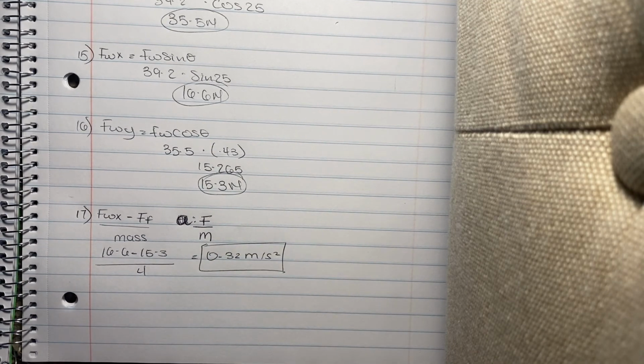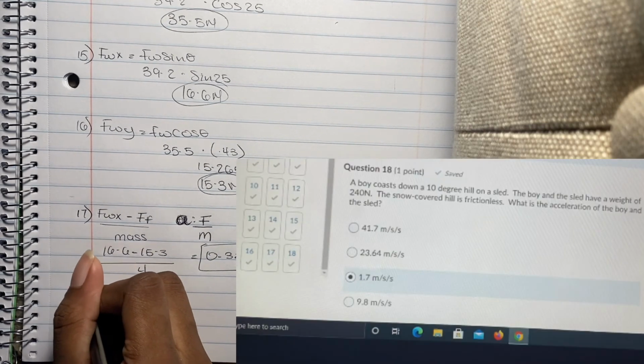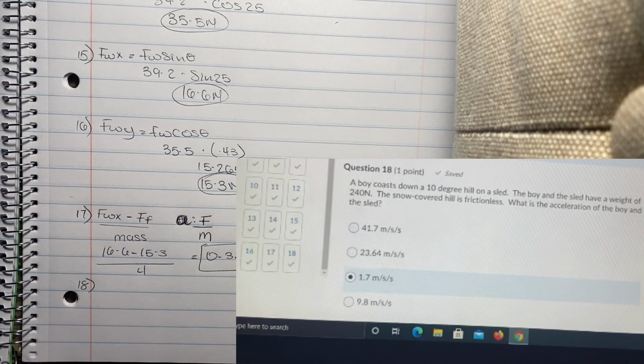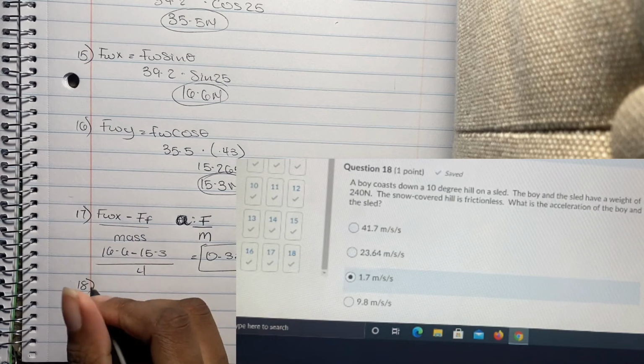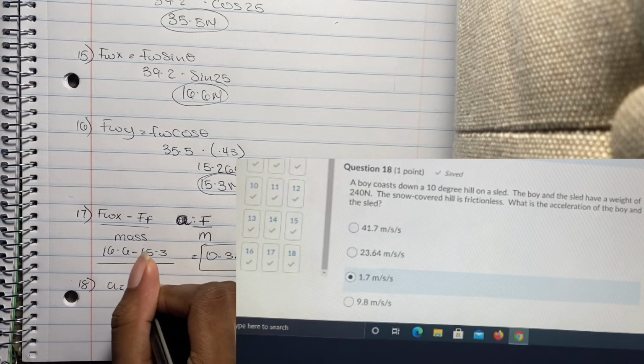Okay, and then number 18, the last question. It's also asking for acceleration, but in this case there is no friction, so we don't have to find a frictional force. We just have to find FWX, because it is basically the net force when there is no friction.